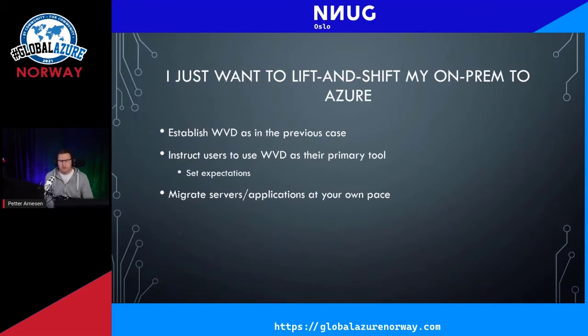And it's really important that you set the expectations right in this case, because since Windows Virtual Desktop is living in Azure and your servers are all on-prem, then Windows Virtual Desktop will be slower at first because of the added latency between Azure and your on-prem environment. But once this is all set up, you can migrate servers and applications at your own pace without really having to bother your users that much.